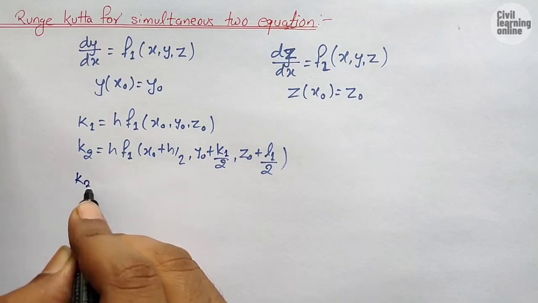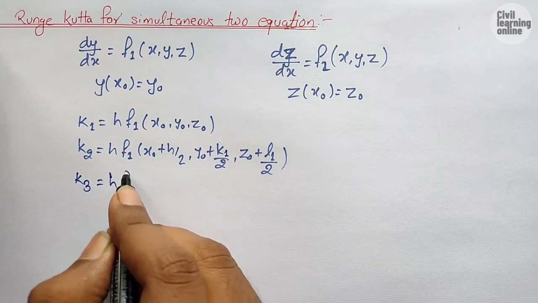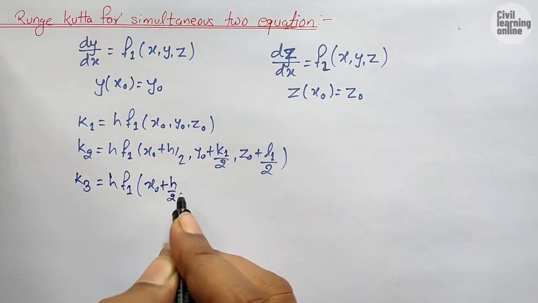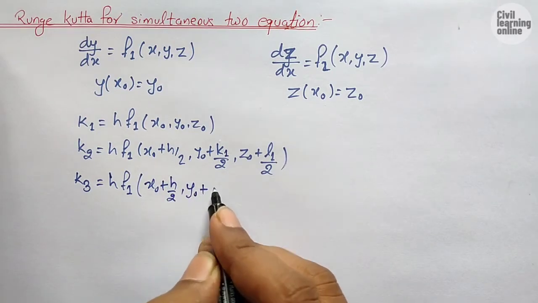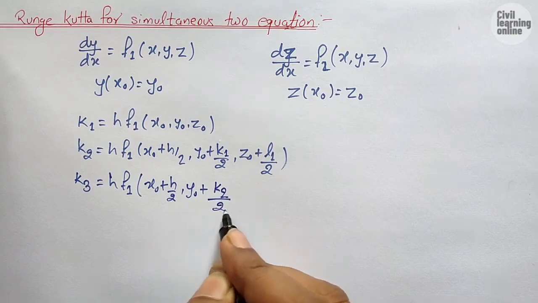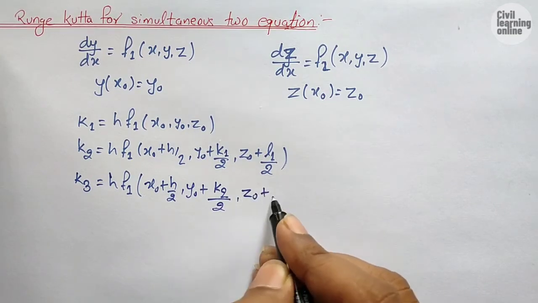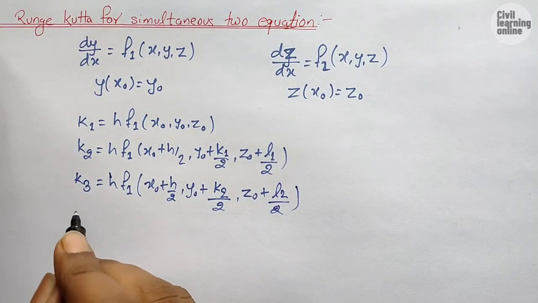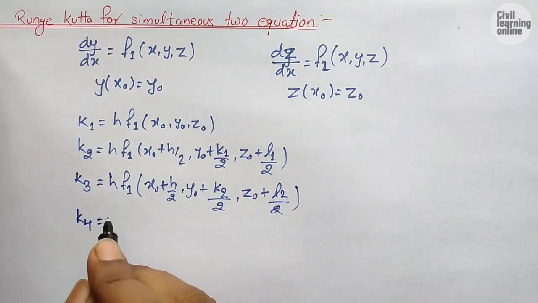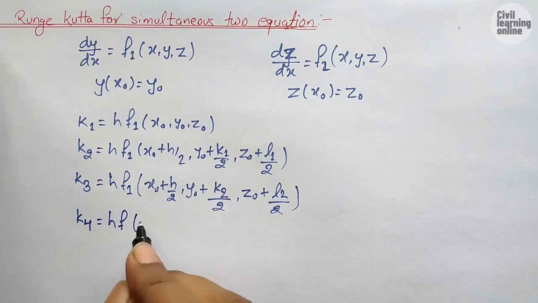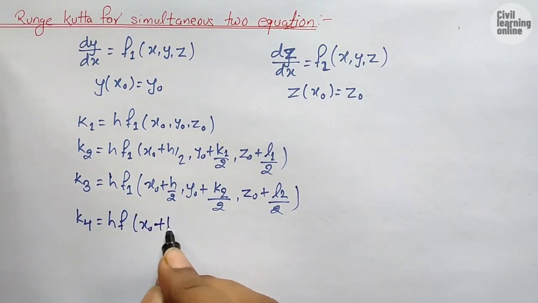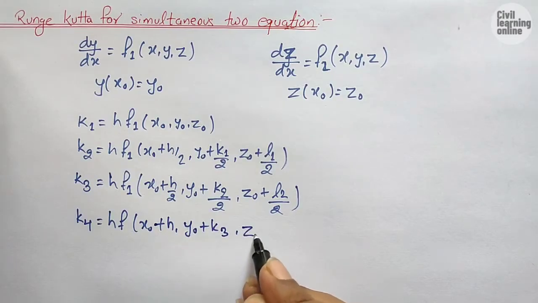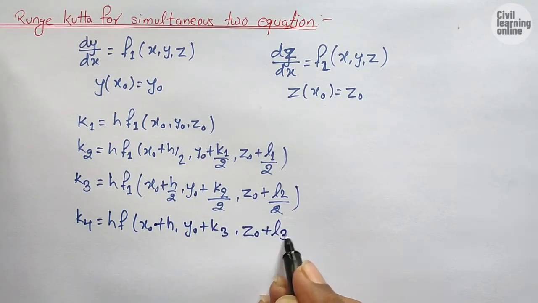Similarly, for k3 we will have h times f1 of (x naught plus h by 2, y naught plus k2 by 2, z naught plus l2 by 2). Similarly, for k4 we will have h f1 of (x naught plus h, y naught plus k3, z naught plus l3).